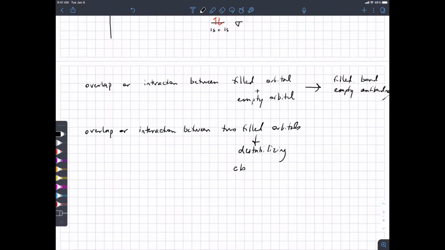That's often called closed shell repulsion. The idea that if something has a full octet or a full set of valence electrons, it's not that interested in bonding with other stuff.